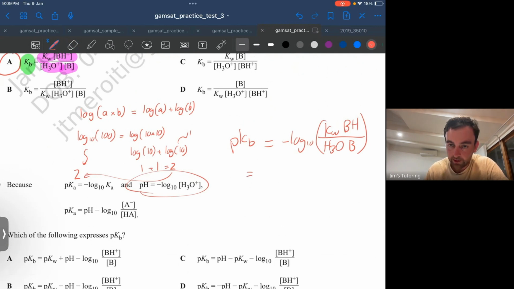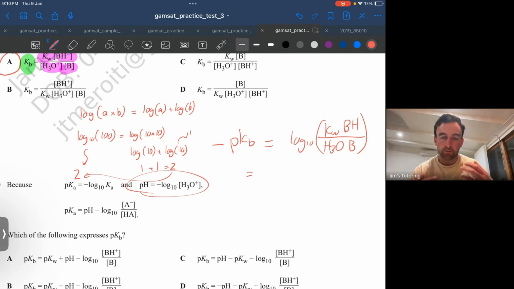I don't know if this is a necessary step, but I'm just going to move this negative to the other side. So just pretend that I'm dividing by -1 on both sides, which means I'll get a negative PKB. I'm just doing that because, again, I'm not that confident in my ability to operate with those negatives.